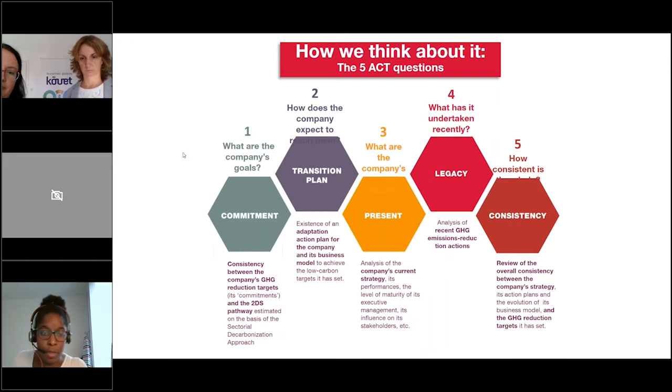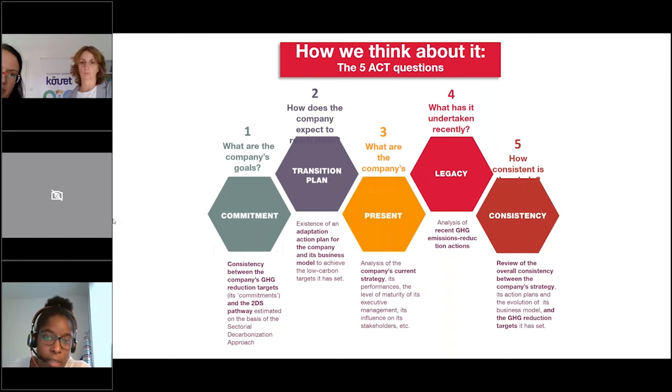And for the targets, ACT evaluates the transition plan that has been developed regarding question 2, and how it is being delivered with question 3. And it has been delivered in the recent past with question 4.